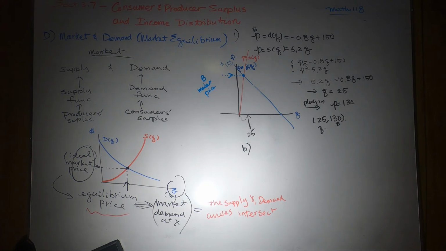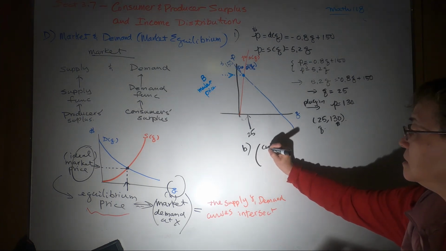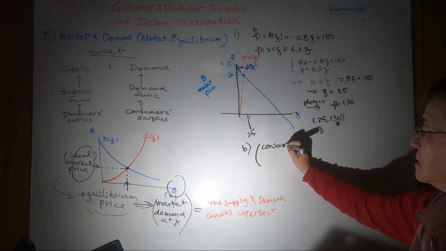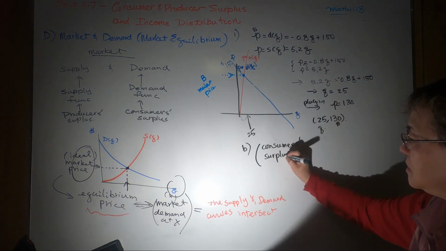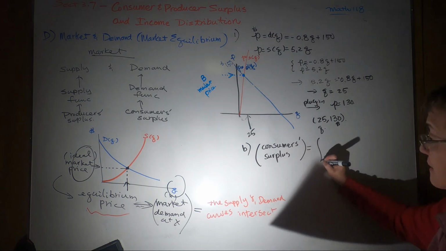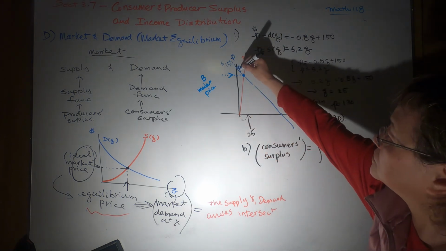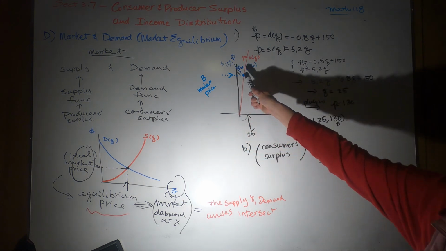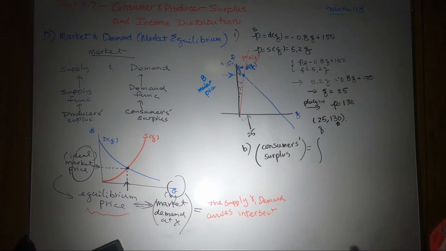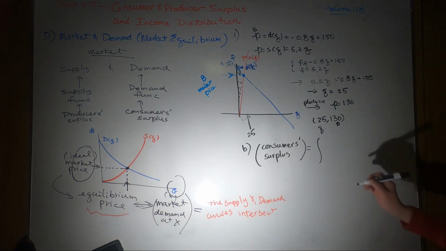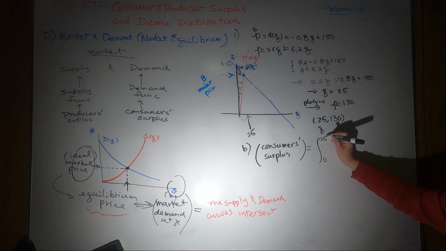Consumers have a lot of money in their pocket that they are willing to spend. So according to this understanding, the consumer surplus is from here to here. Here would be the consumer surplus, and here would be your supplier's surplus. So it would be from 0 to 25.